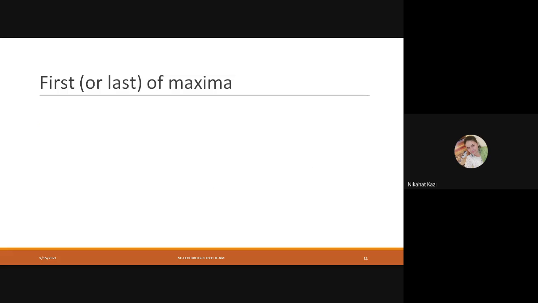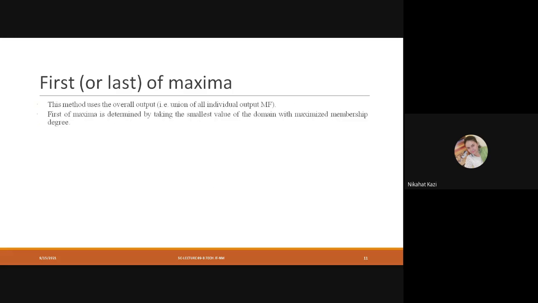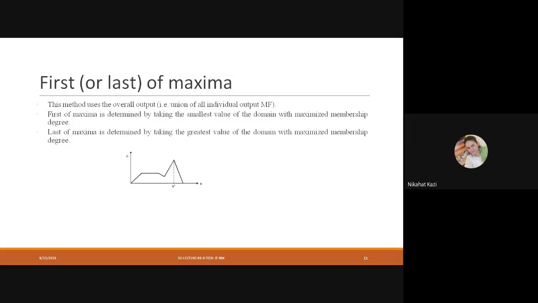Next is first or last of maxima. So first or last of maxima is again from the height method. Okay. So basically, if this is a single peak, then first of maxima is this value, right? This is the maxima. Maxima is a peak basically.